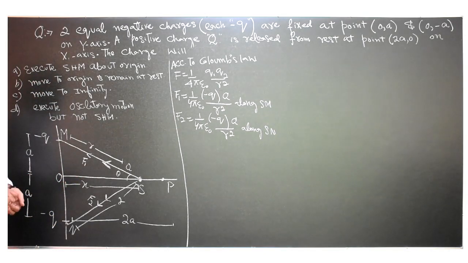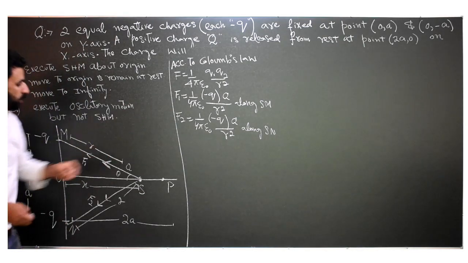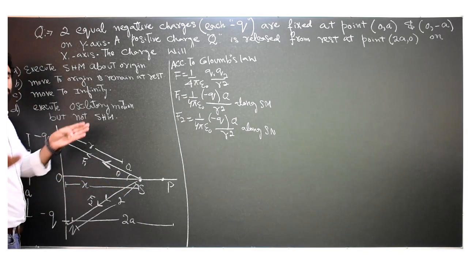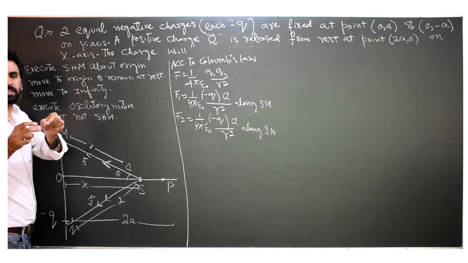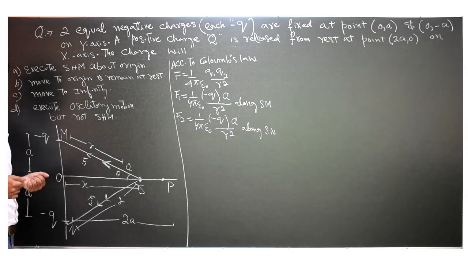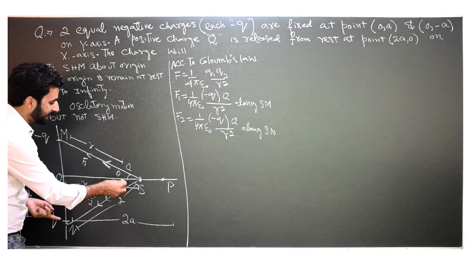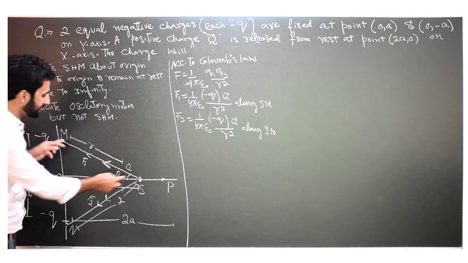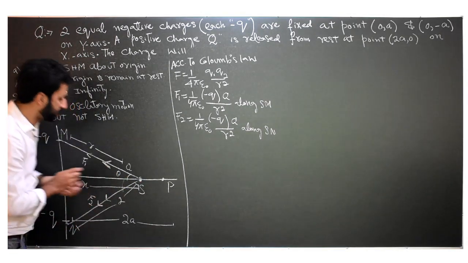But what we do is we resolve these two forces into components. Had F1 and F2 been in the same direction, we'd simply take the sum of the two. Had they been in opposite directions, we'd take the difference. That is how we go for vector addition or subtraction. But F1 and F2 are inclined at some angle, so we'll resolve F1 into rectangular components. Similarly, we'll resolve F2 into rectangular components.